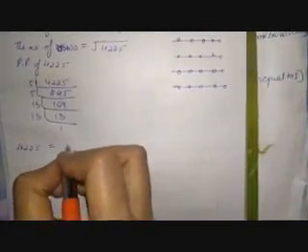So we have factorized it. Here we can write 4225 is equal to 5 into 5 into 13 into 13, or we can write 5 square into 13 square.